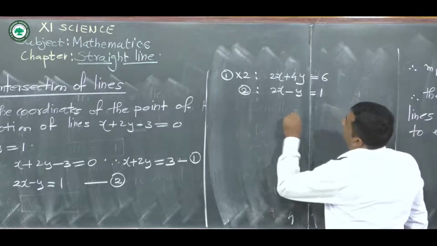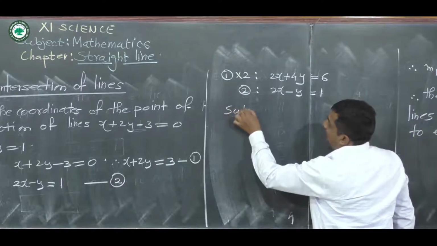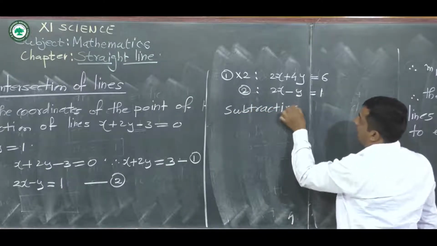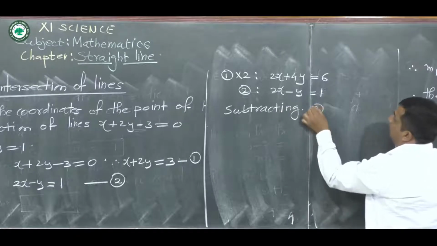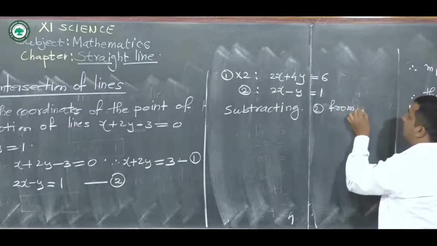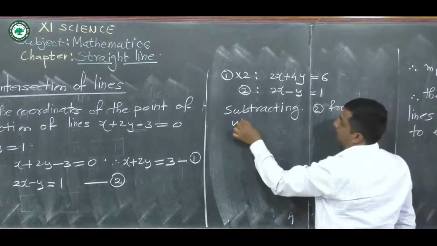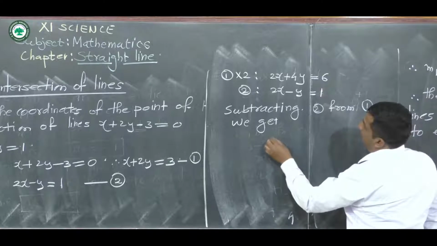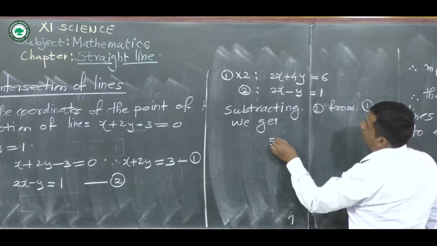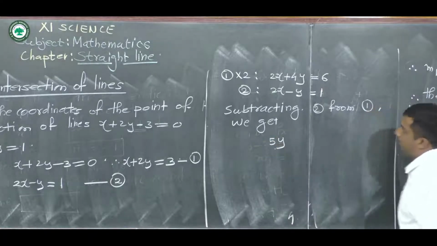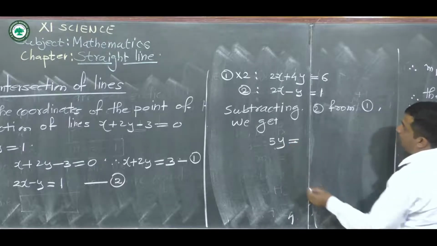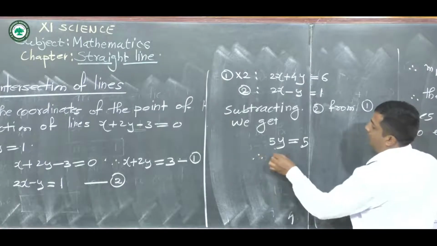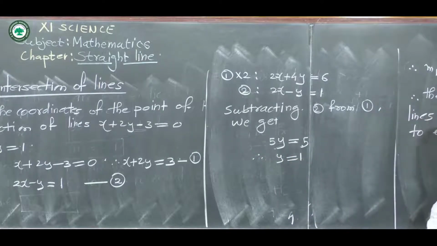Okay, so subtracting 2 from 1, we get 5y is equal to 5. Okay, then we get y is equal to 1.